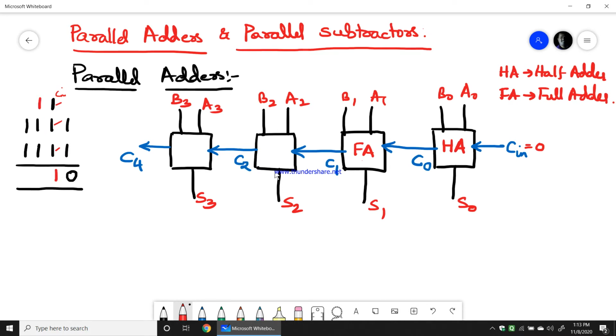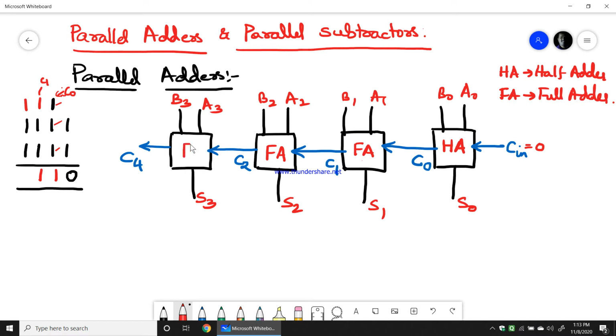So now it will also generate a sum S1 and a carry bit C1. Now this is C1. This was C0. Now again a 3-bit addition, therefore this will behave as a full adder. So again 1 plus 1 plus 1 gives 1 and carry. Now again the last one is also a 3-bit addition because of the carry.